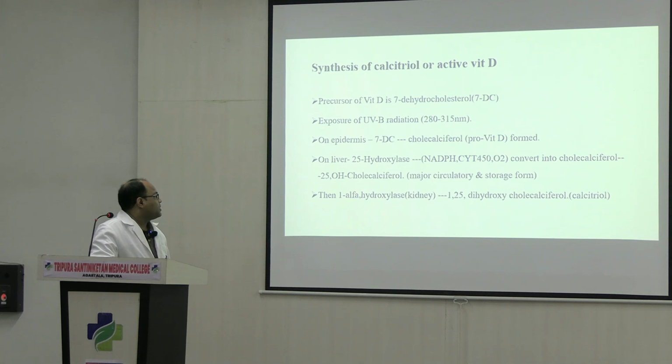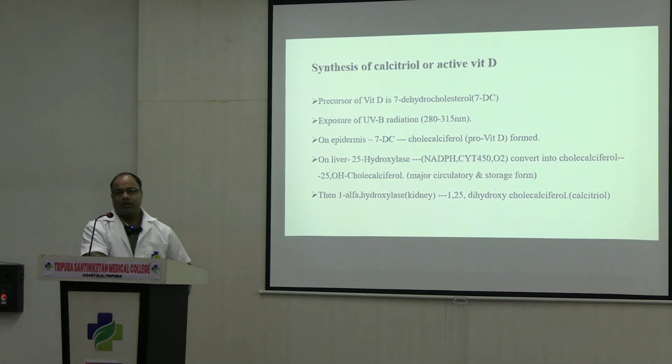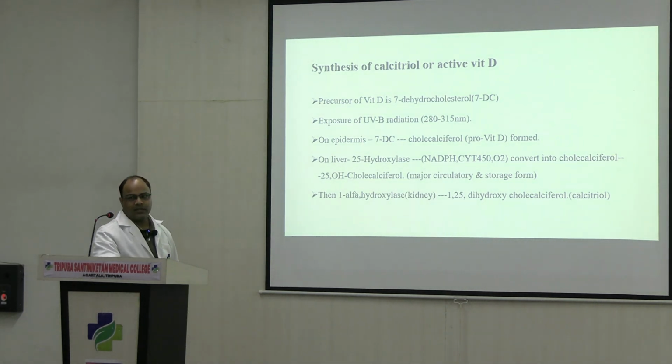So in the epidermis, 7-dehydrocholesterol in presence of UV radiation is formed into cholecalciferol. That is called provitamin D. Then it is released into the blood. Via blood it reaches the liver. In the liver there is one enzyme, called 25-hydroxylase.